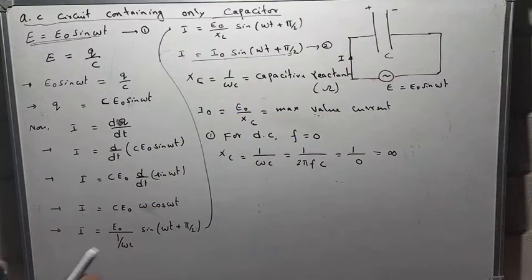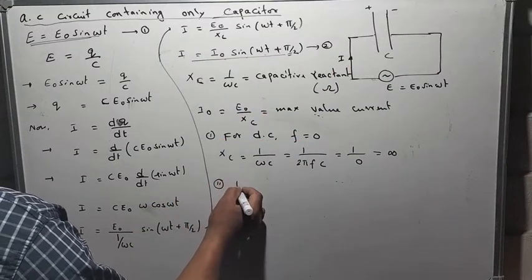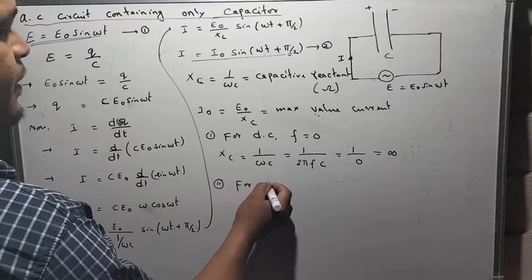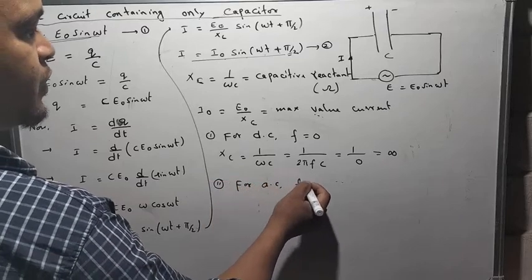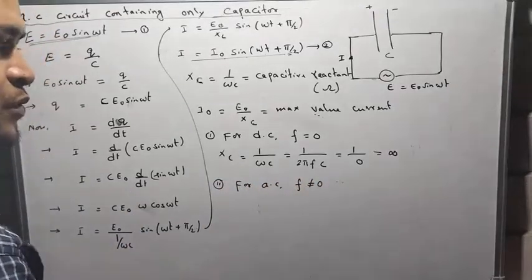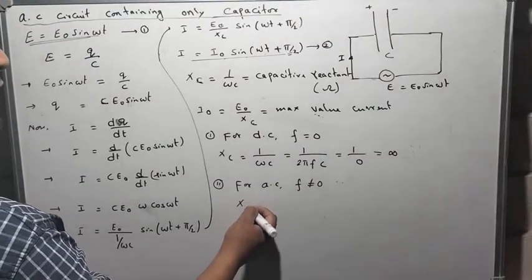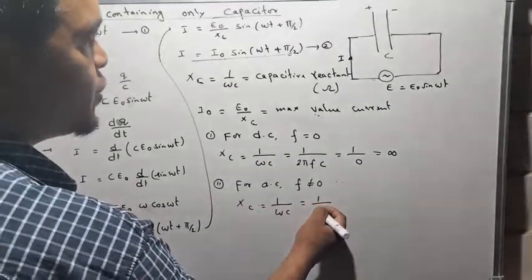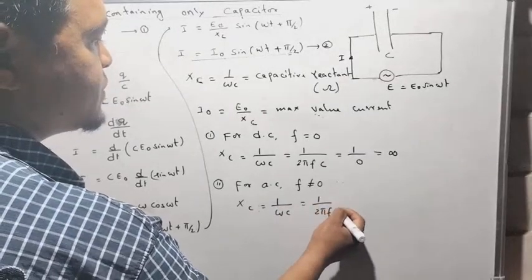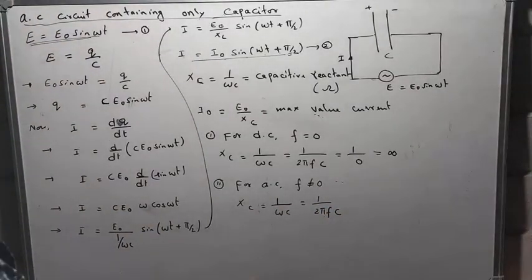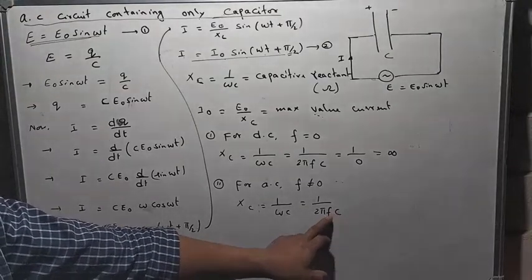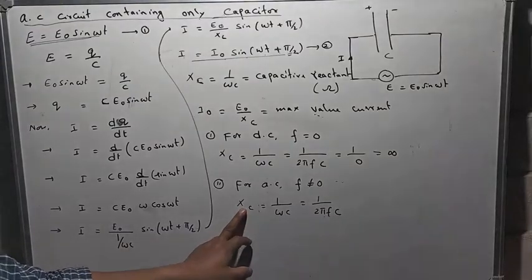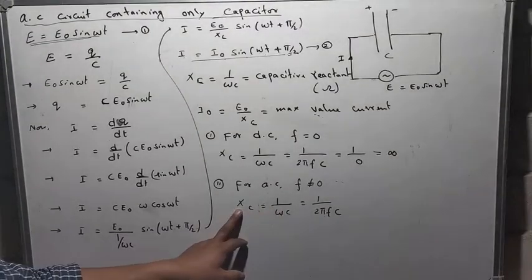Case number 2. For AC current, we know the frequency is non-zero. In such a case, Xc will always be equal to 1 upon omega C, which means 1 upon 2 pi f times C. Because f is non-zero, depending upon f, when f is large, Xc is small. When f is small, Xc is large.